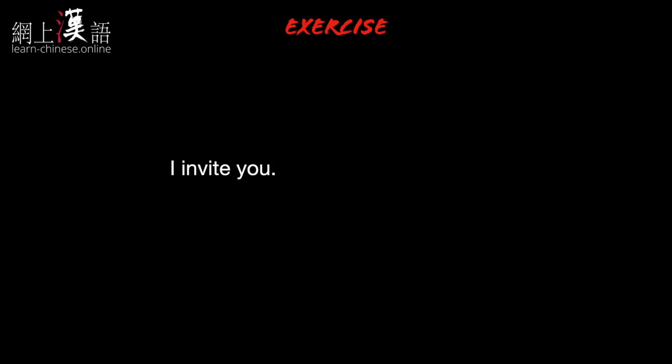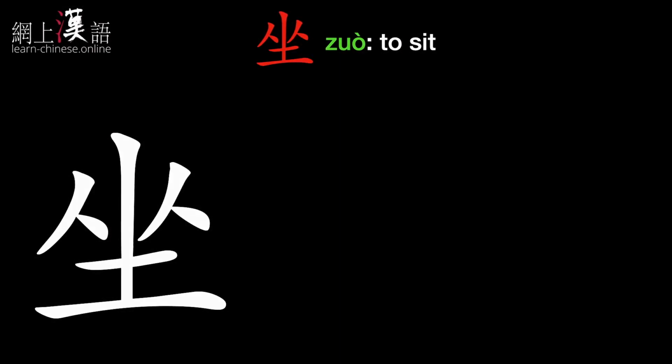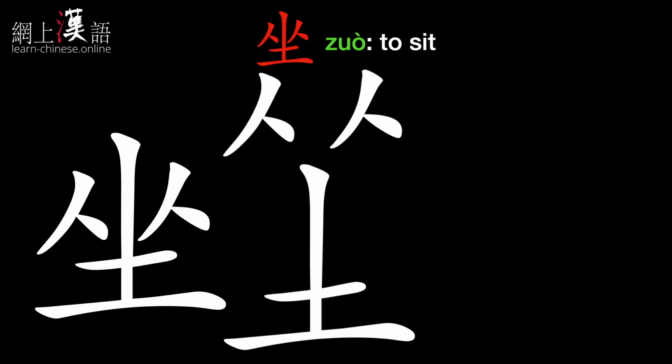A small sentence. I invite you. Very easy. 我请你. 坐 (zuo), to sit. This Chinese character has two different components. The component for human, twice, and the component for earth.